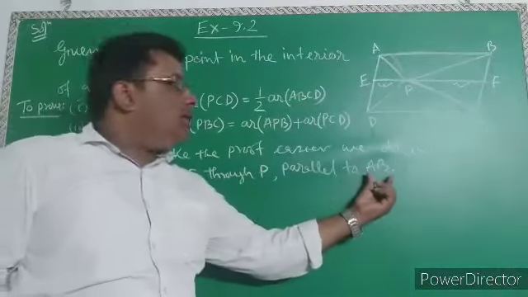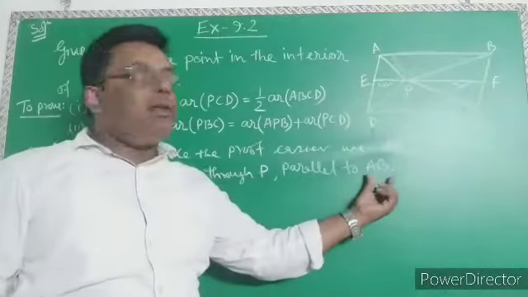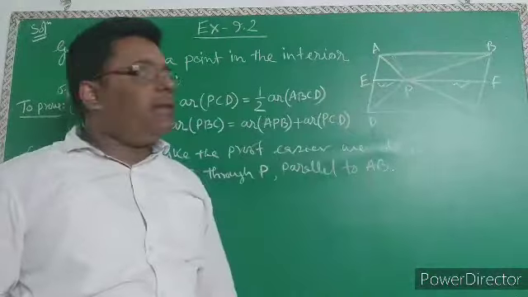So here you may write parallel to CD also. That is, AB and CD both are parallel.